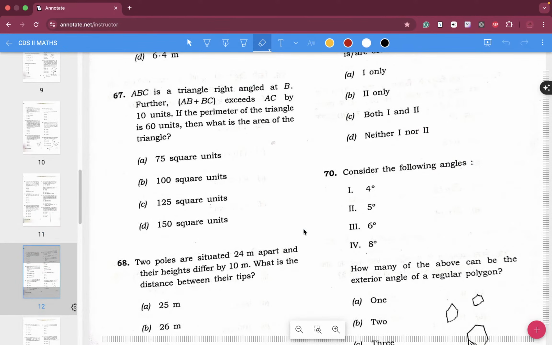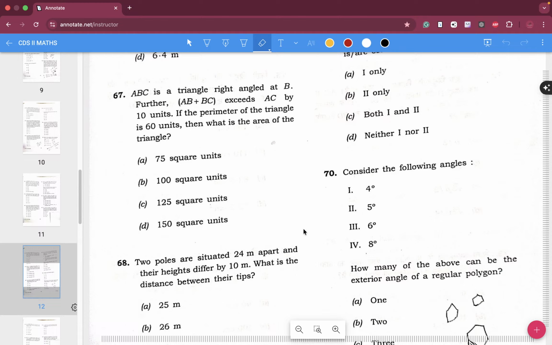ABC is a triangle right angled at B. Further, AB plus BC exceeds AC by 10 units.